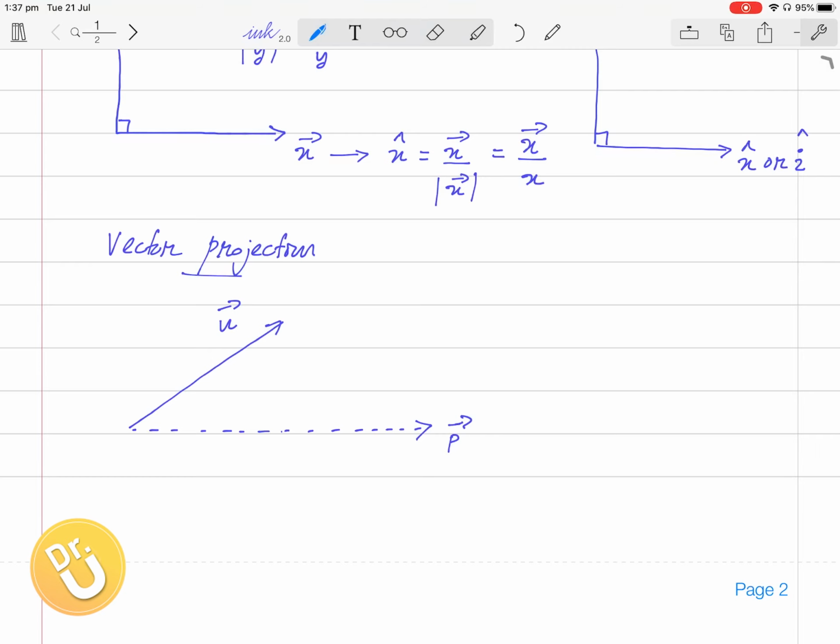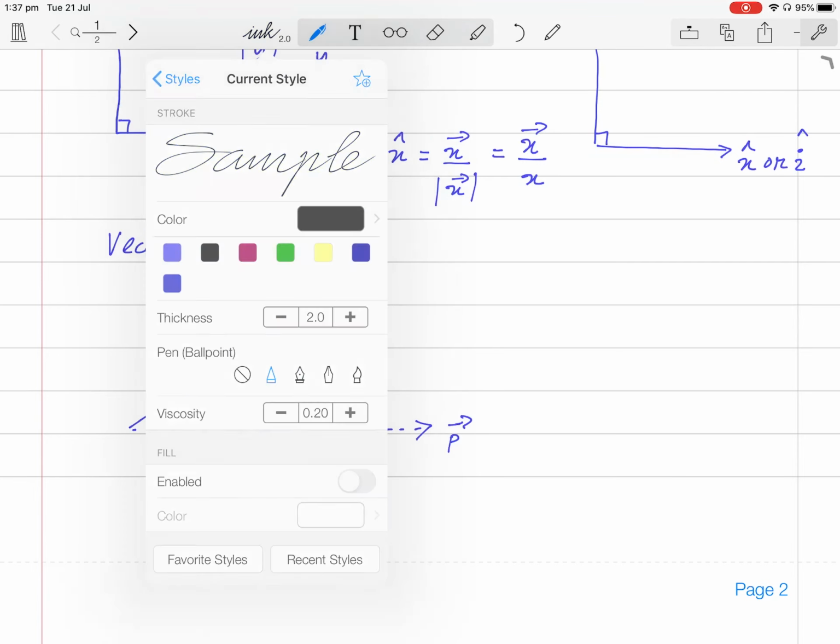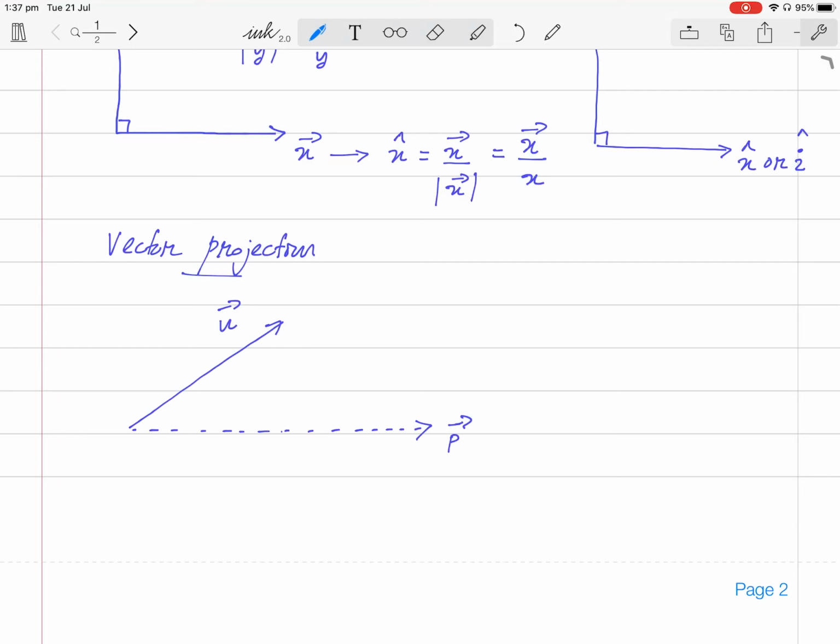What is a vector projection? We can project this vector u in two ways. One would be we can sort of bend this one towards the p vector, and then this part is the projection in p direction, and this one would be the projection perpendicular to p direction.